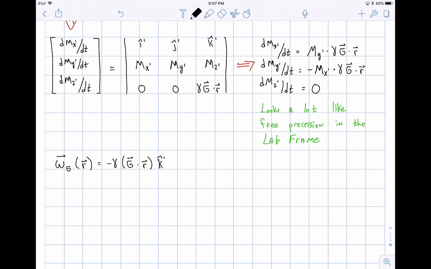So it's always good to go to those simplest examples to maybe get an understanding of what's going on. And so this equation here just tells us that the precessional frequency varies with space.